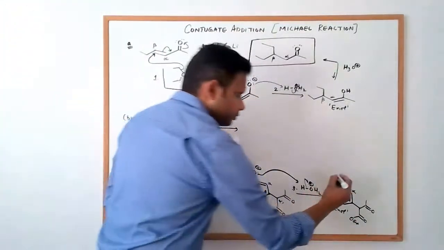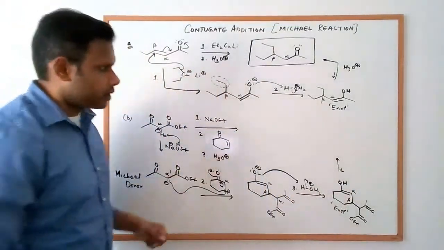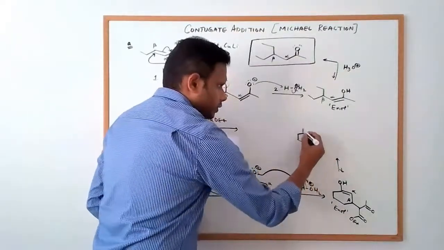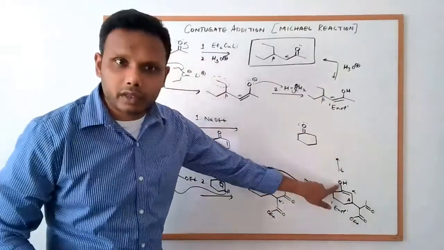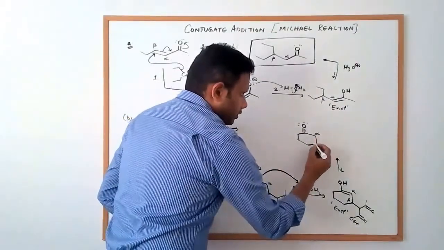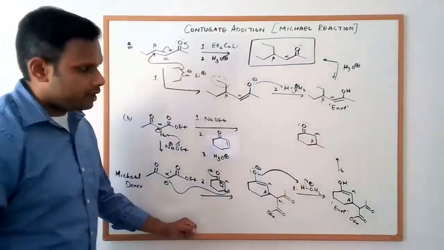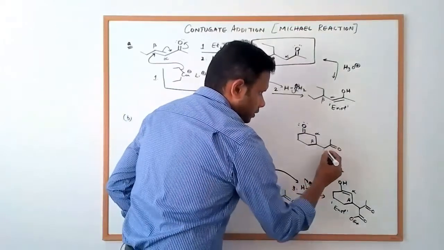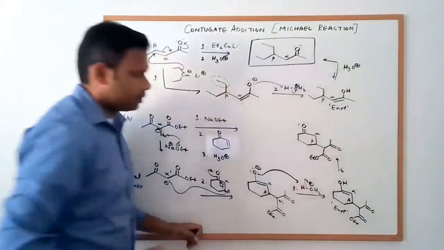The enol form would quickly tautomerize to our product, which is going to be the keto form, double bond between the carbon and the oxygen, single bond all over here, and the beta carbon is connected to the keto group and the ester group.